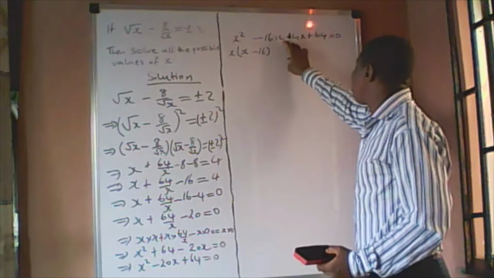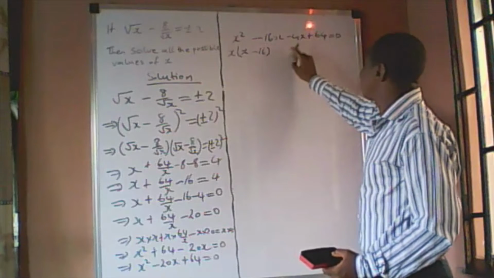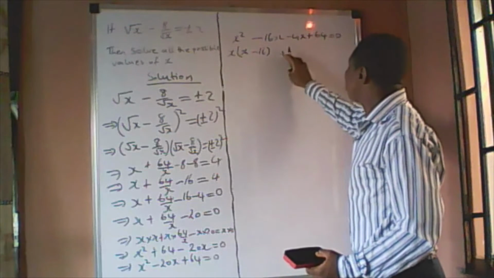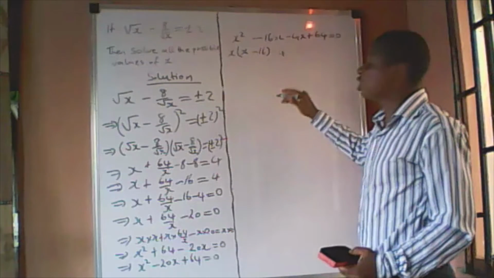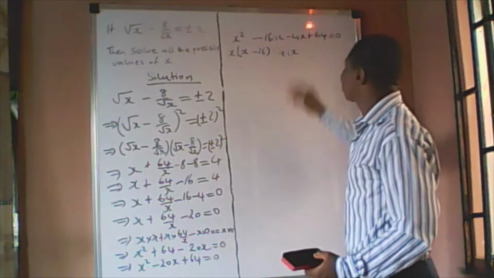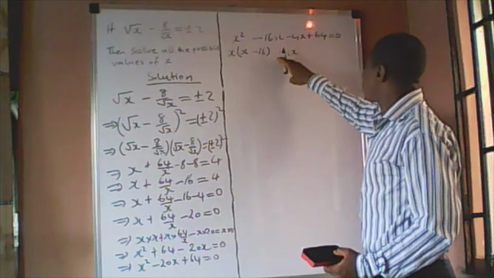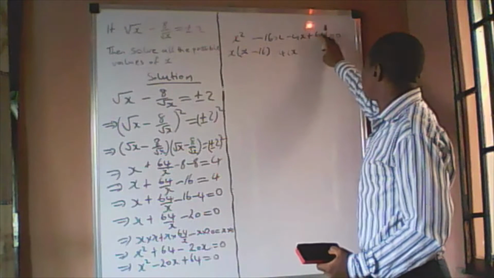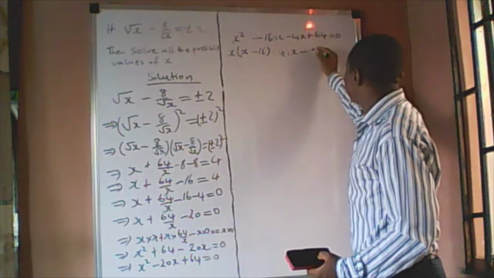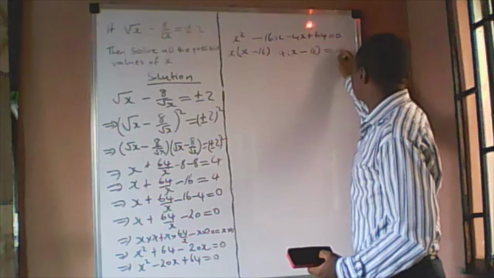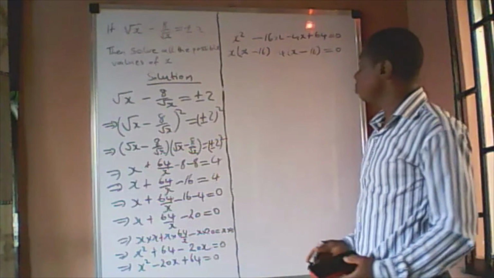So minus 4 divides minus 4x, it remains x. Minus 4 divides plus 64, it will give us minus 16, equal to 0.